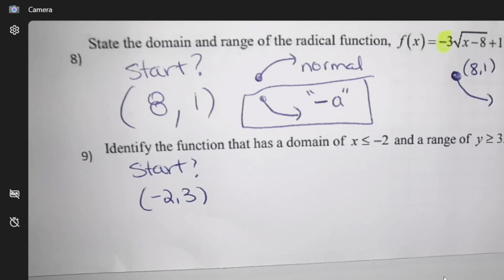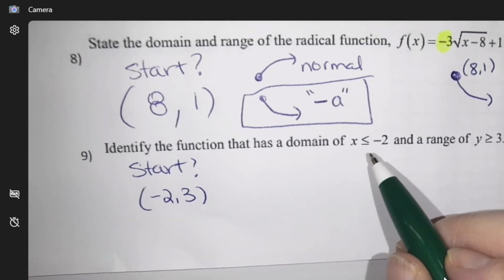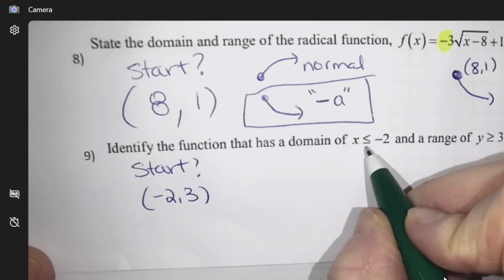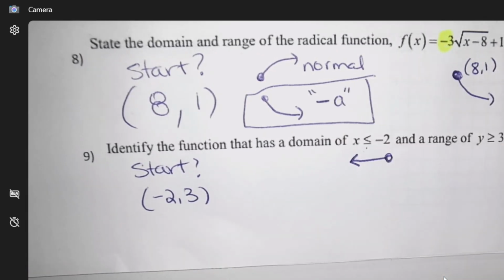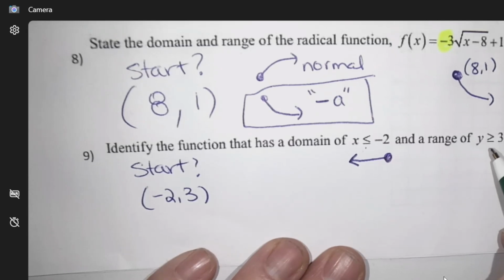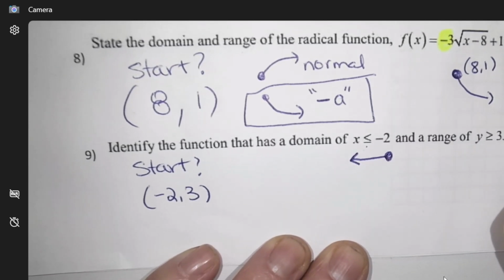Okay, this time, here's my starter. -2 and 3, that's my start coordinate. My domain says less than, so that makes me head in a left direction. Y is greater than something, so that makes me head upward.